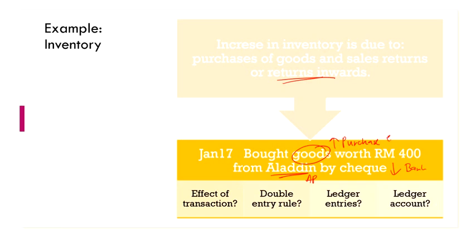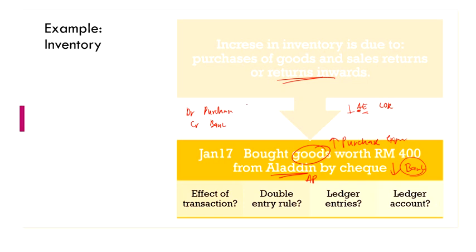Okay, purchase expenses. So you will debit. Since your expenses increase, so you will debit your purchase. Since your bank is your asset, since your assets decrease, so you can credit bank.